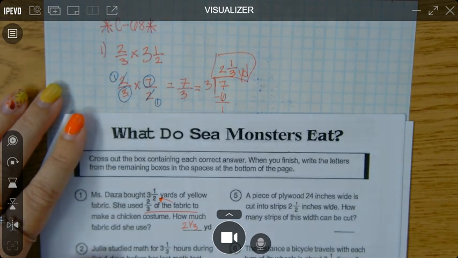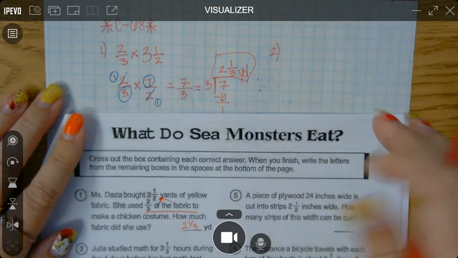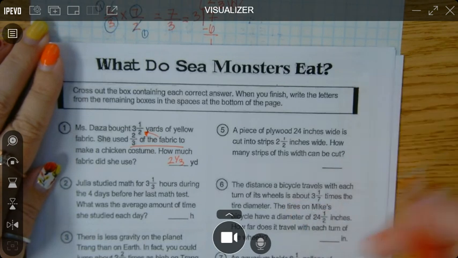Okay. Let's go ahead and take a look at number 2. Number 2 says that Julia studied math for 3.5 hours during the 4 days before her last math test. What was the average amount of time she studied each day? Okay, there's several ways that you could do this.